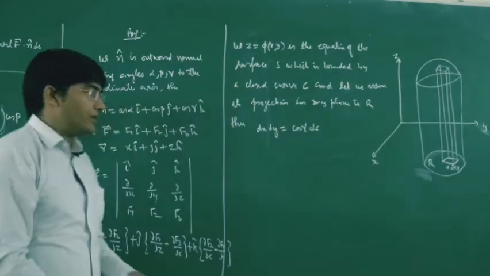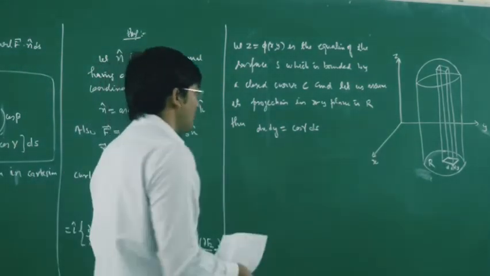So in this case your dx dy will be cos gamma into ds.